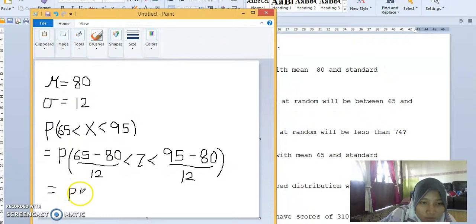Okay, you can use your calculator. 65 minus 80 divided with 12 is a negative 1.25.